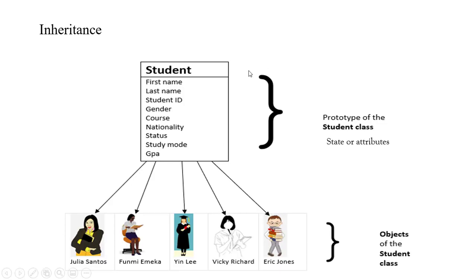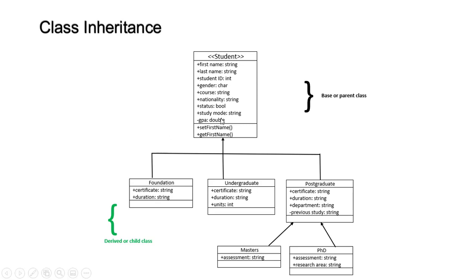Here is the same diagram we looked at in our previous tutorial. The class student is the prototype, or the base class, from which objects are created. This is a diagram of class inheritance. Here we have the student class, which is the base or parent class, and we have three classes here.